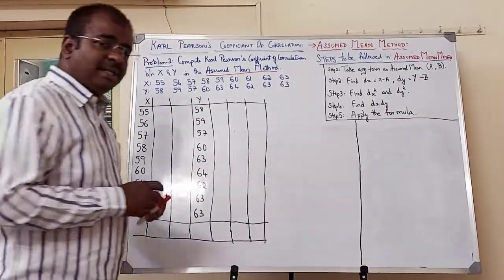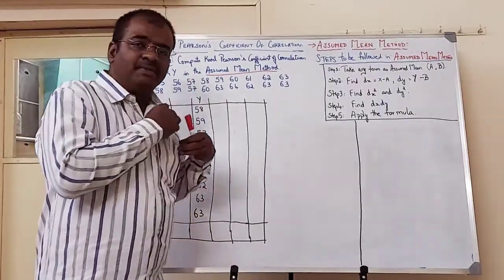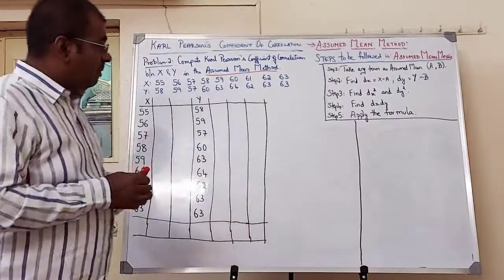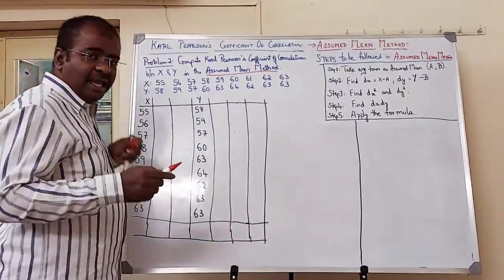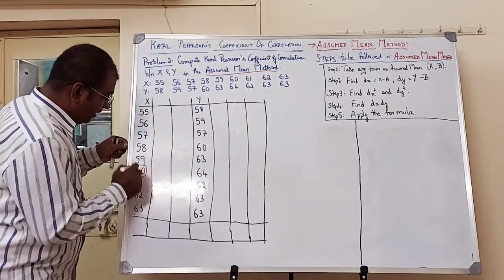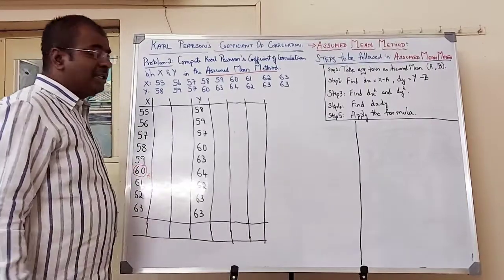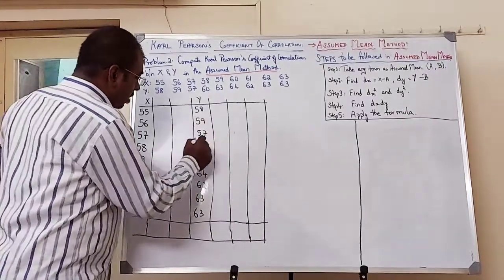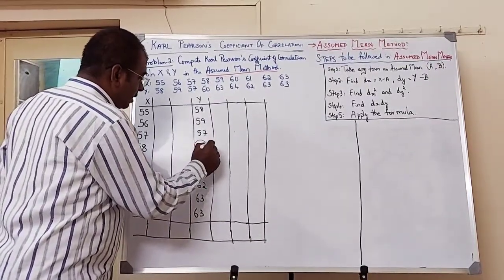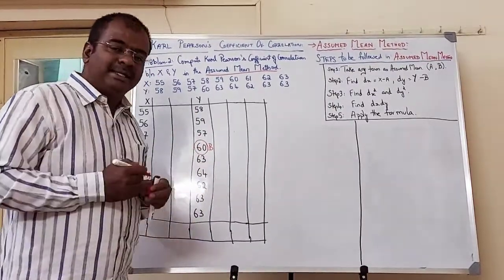In the previous problem, I had chosen different numbers for A and B. But in this case, I'll choose the same value for both x and y. In case of x, I will choose the assumed mean A to be 16, and in the case of y also, I will choose the assumed mean to be 16.